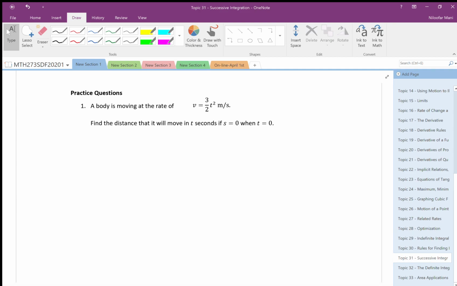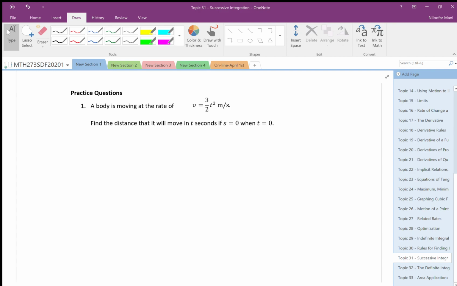A body is moving at this rate. Velocity is 1.5 t squared meter per second. So it's not revolution, it's just linear. For example, like somebody is walking. Okay, find the distance that it moved in t seconds if s is 0 when t is 0.